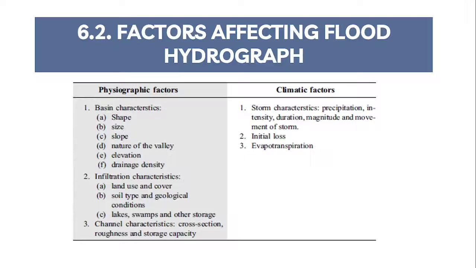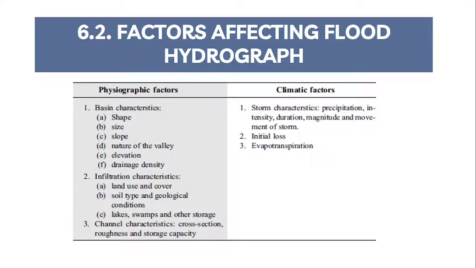Then number 2, we have infiltration characteristics, which consist of land use and cover, soil type and geological conditions, and lakes, swamps, and other storage. Lastly, we have channel characteristics: cross-section, roughness, and storage capacity.